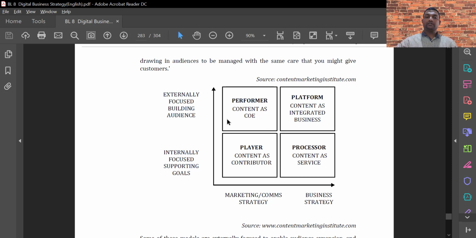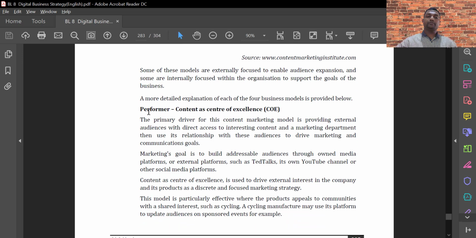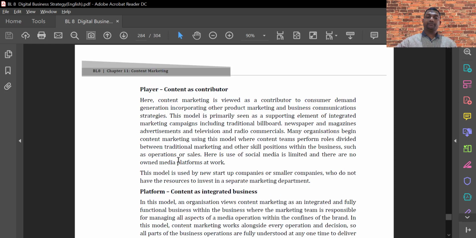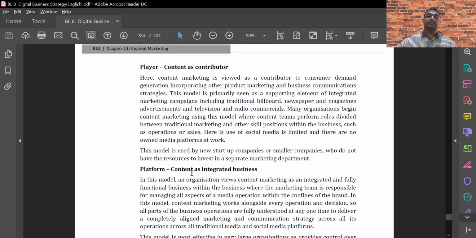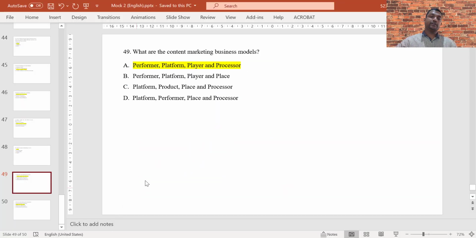So content is considered with different methodologies, different ways being considered here. Performer is about content as center of excellence. Player, content as a contributor. Platform, content as integrated business, and processor, content as service. So these are the 4 types of business models content marketing will have. So the answer is answer A.